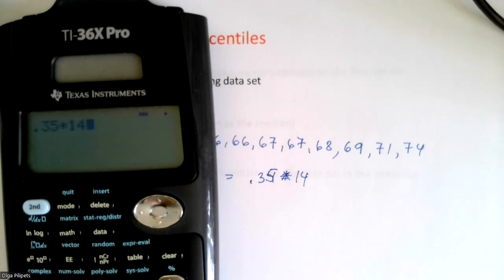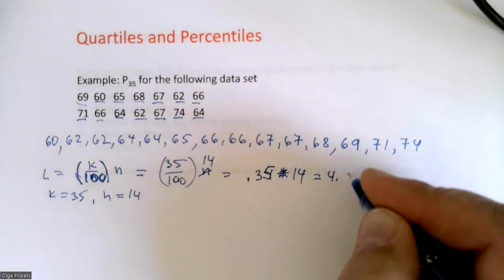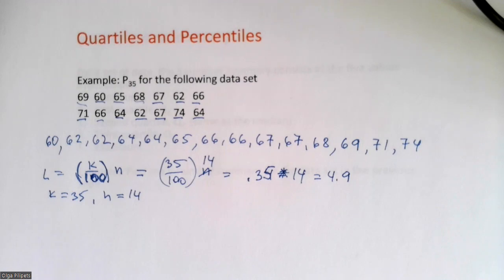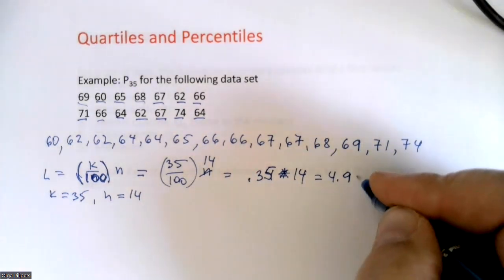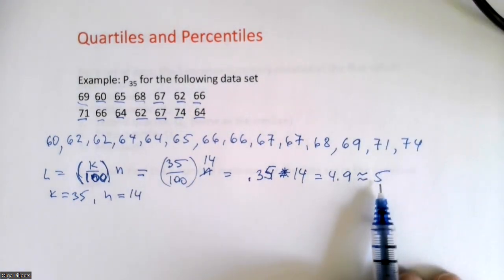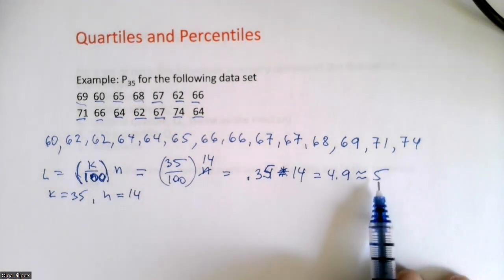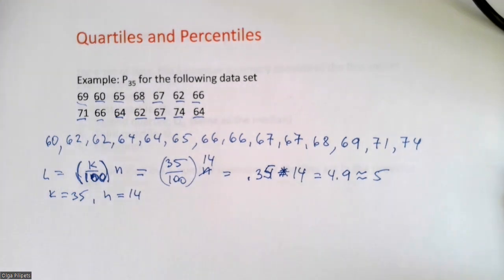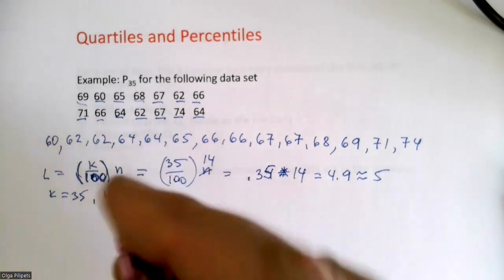0.35 times 14. That's 4.9. Okay, so 4.9. We were told to round up if our number is not a whole number, so it's 5. So that means that that is a locator. So that means that value number 5 is our 35th percentile. So we start counting 1, 2, 3, 4, 5.